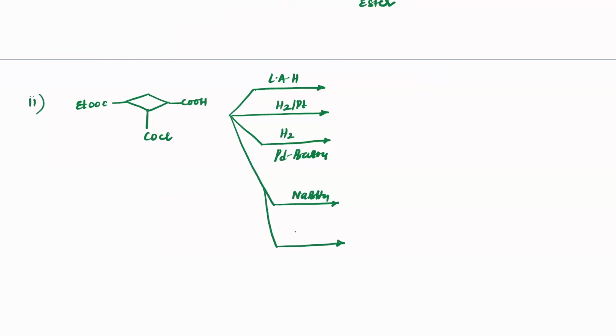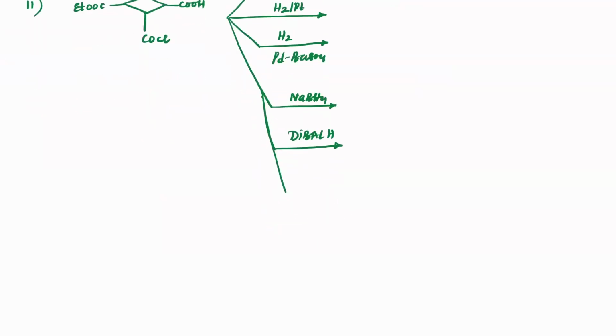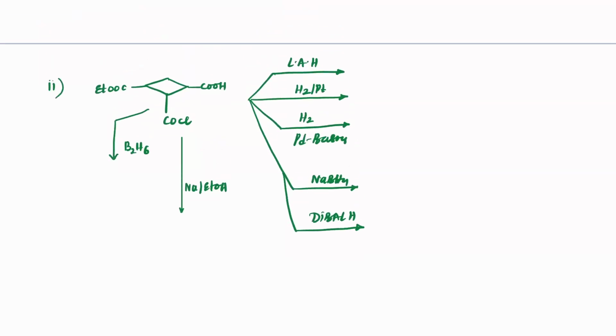Then we have only DIBAL-H, and lastly B2H6. Sorry, one more is there, which is sodium in ethanol. These are the reagents which we learned, and you should be comfortable with all of these reagents.